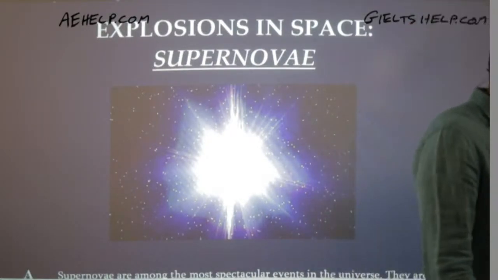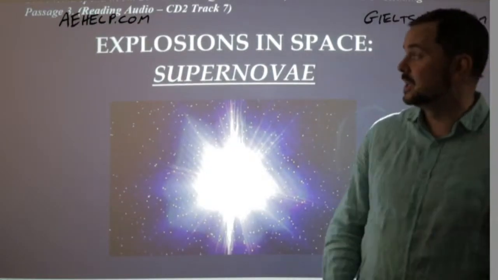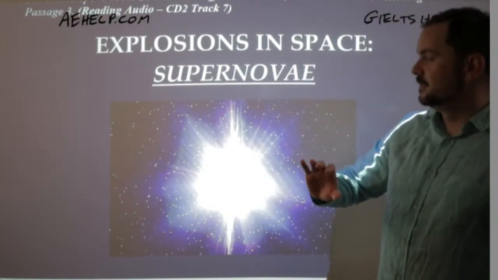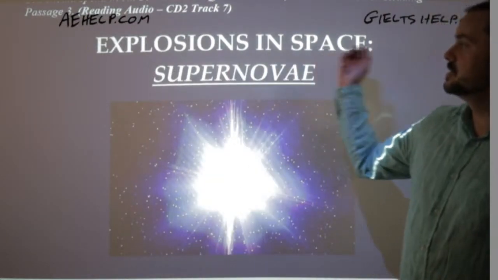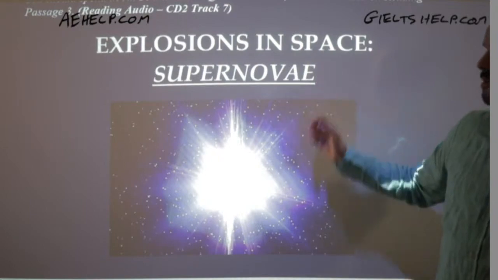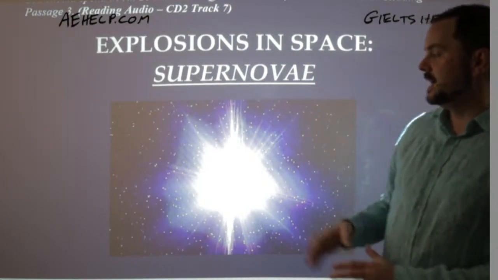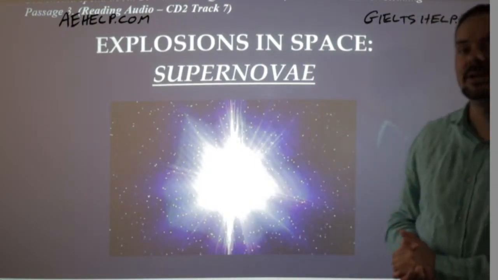So the first step, of course, is looking at the title, and here we have this bright picture as well. So explosions in space, supernovae, and here we have this interesting looking picture.